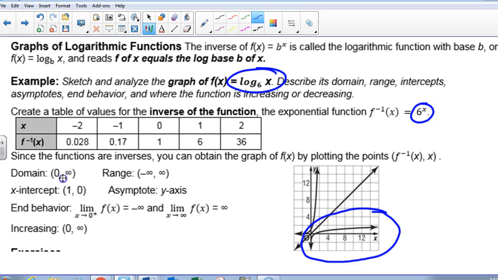So the domain is 0 to infinity. The range is all real numbers. The x-intercept is at 1, 0. The asymptote is the y-axis, or x equals 0. And it's approaching negative infinity on the left and positive infinity on the right, even though it's growing very slowly. It is always increasing from 0 to infinity. It has no negative values.